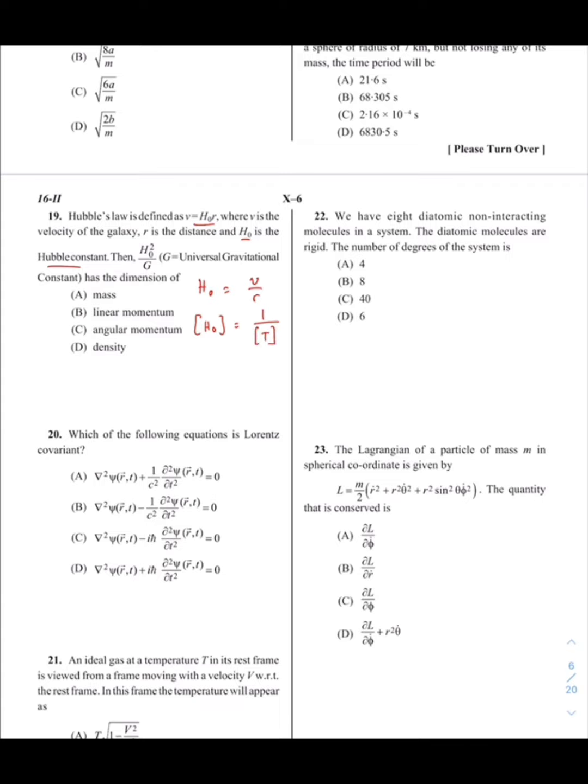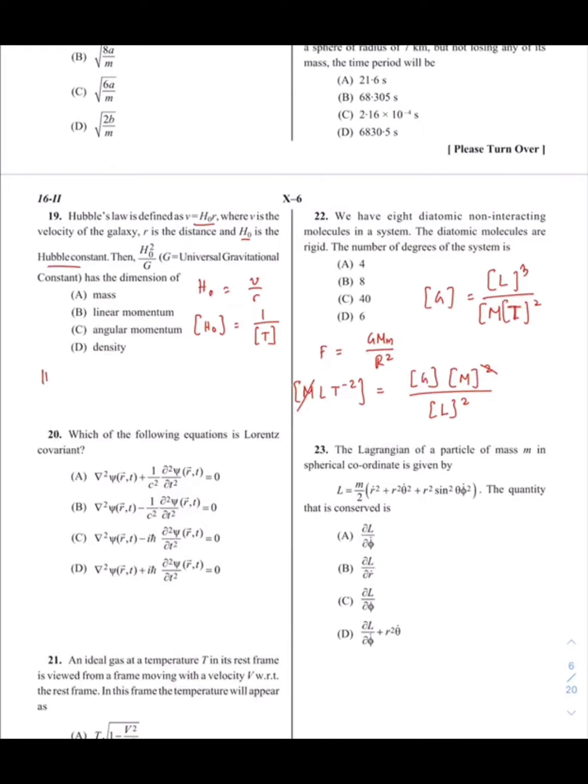Now to find the dimension of G, we use the formula force is equal to G m m by r square. The dimension of force is M L T to the power minus 2, which is equal to the dimension of G times M squared divided by L squared. M gets cancelled out, so we find the dimension of G is equal to L cube divided by M and T squared.